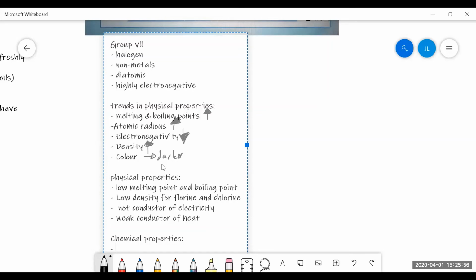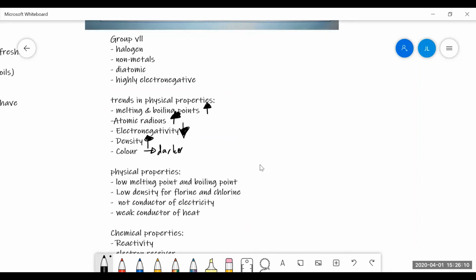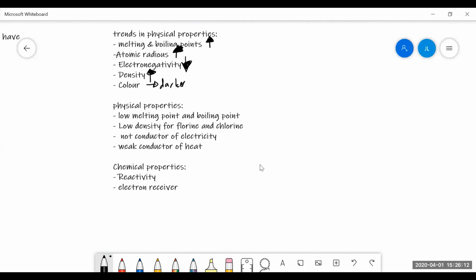So, reactivity. First of all, it is an electron receiver. In a sense, it receives electrons most of the time.